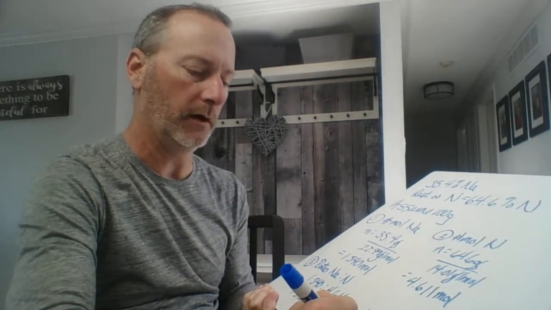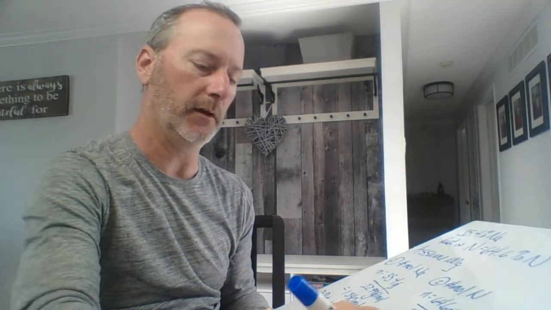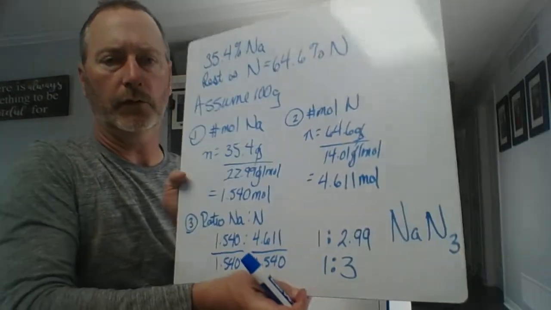So it is 1 to 3, which means my empirical formula is NaN3. Lowest whole number ratio.